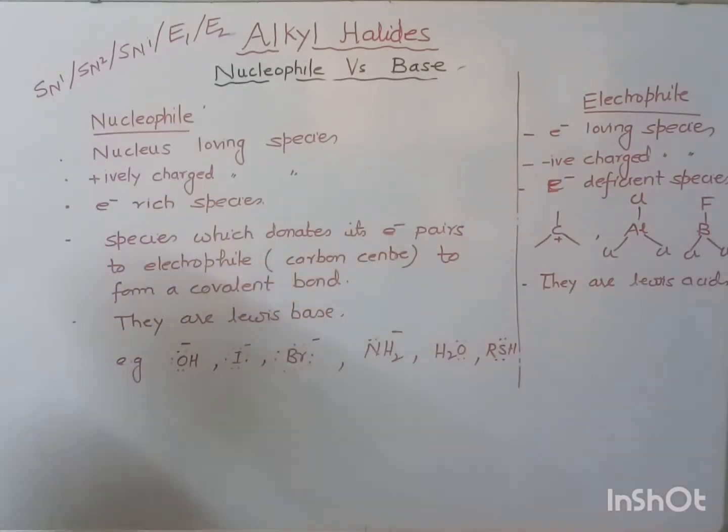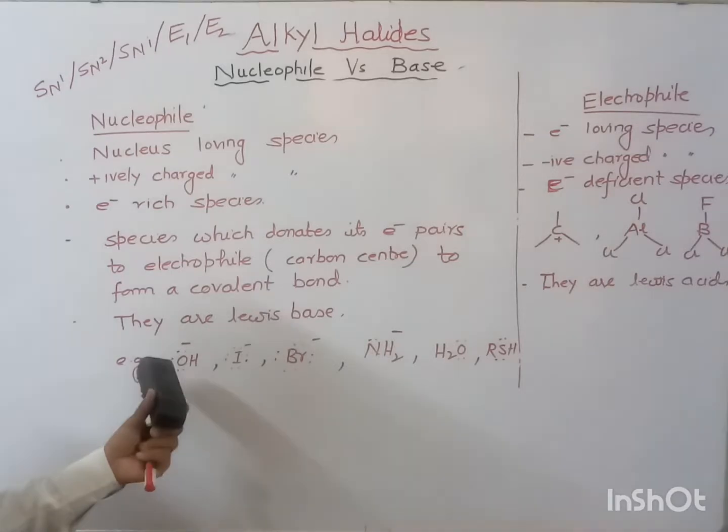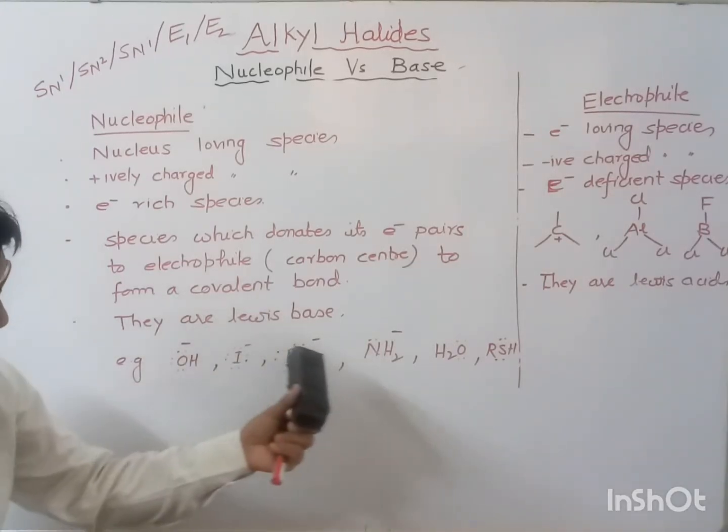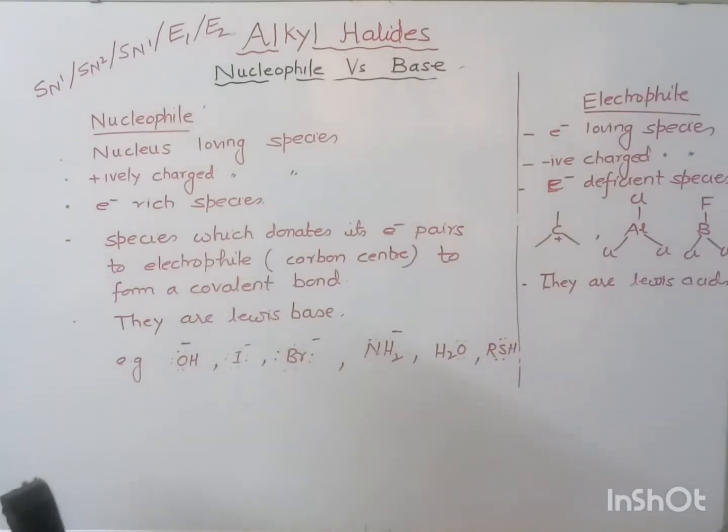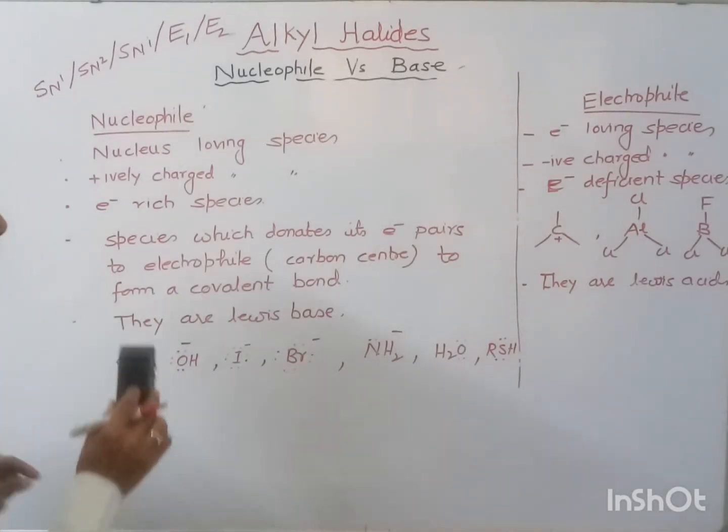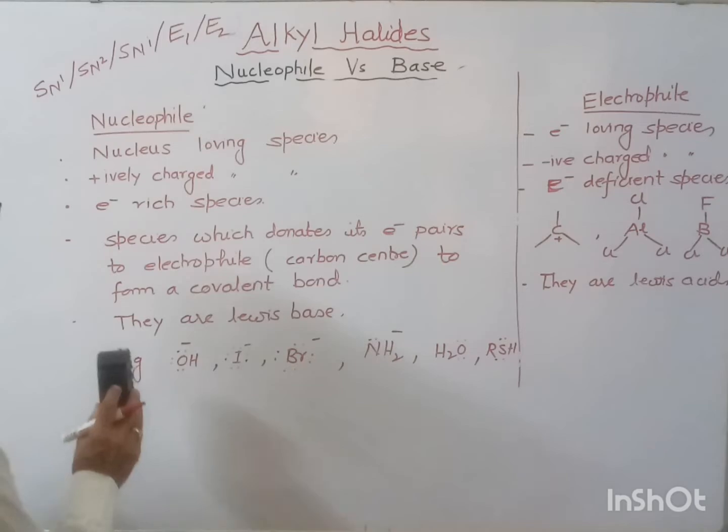These may act as a nucleophile because they contain a negative charge, or they may contain a lone pair of electrons. That's why they are considered nucleophiles. So it is better to categorize the nucleophile in three ways.